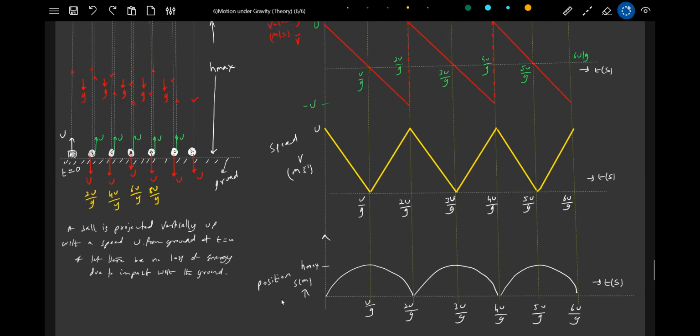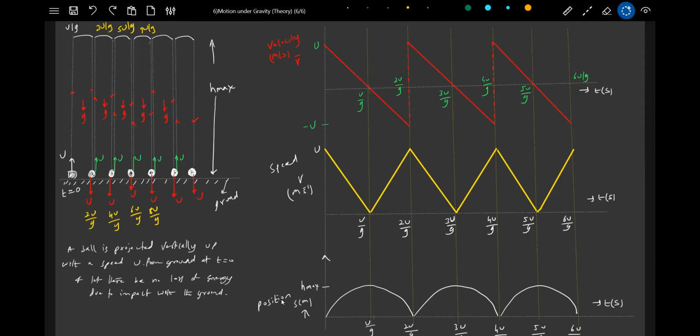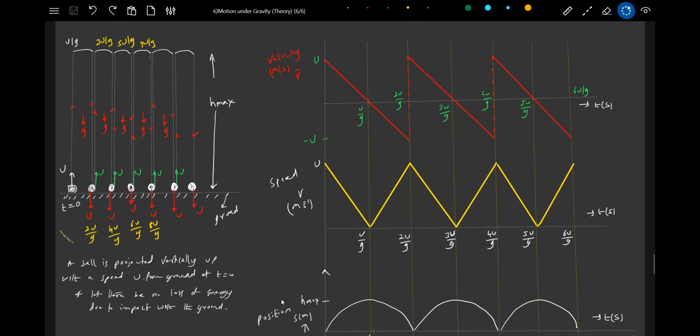So here I'm going to bring it. I think the same diagram will work out. I'll take help of the same diagram instead of drawing.